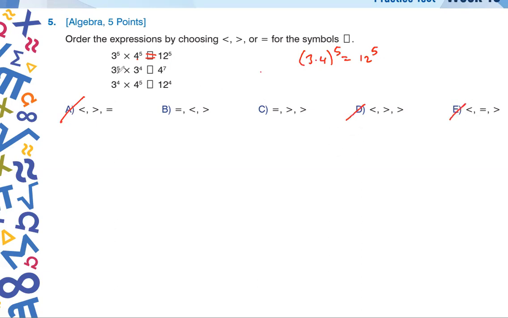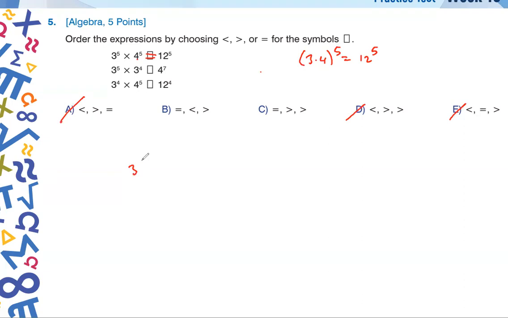So the second one, we have 3 to the 5th, 3 to the 4th, and 4 to the 7th, right? And we do have 3 to the 5th and 3 to the 4th, and you can just try to plug into the calculator because we are allowed to do so. But if I want to do something else, I can just multiply these two numbers this way.